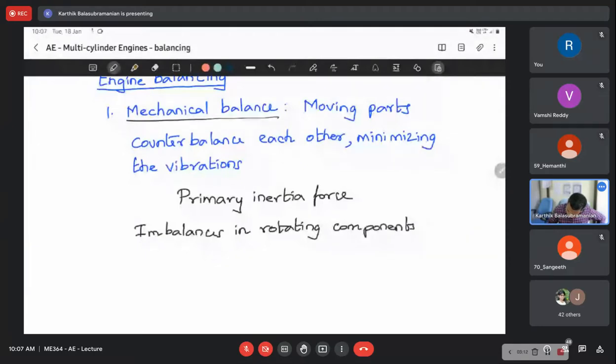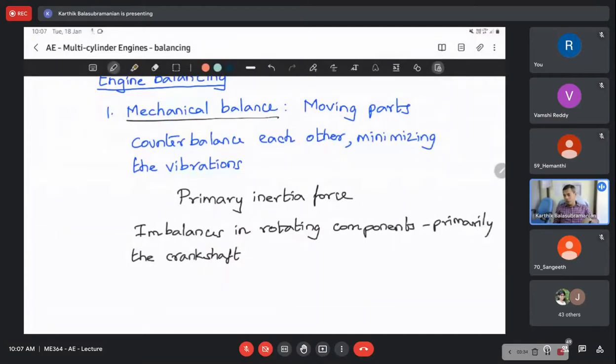Primarily, what? The crankshaft. The crankshaft keeps rotating, right? So if there are imbalances in the crankshaft due to the rotation of the crankshaft, those are primary imbalances.